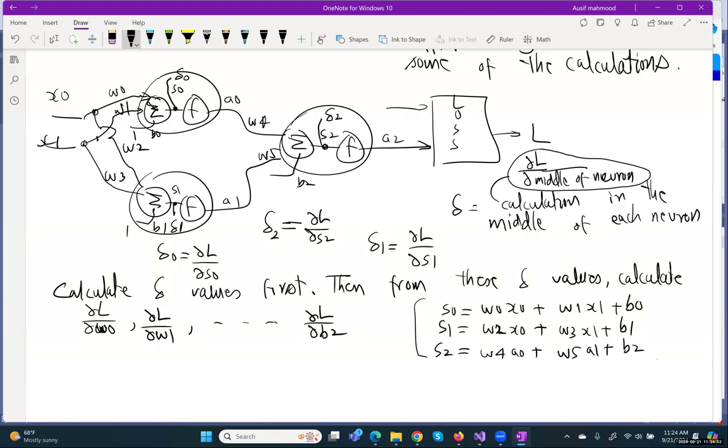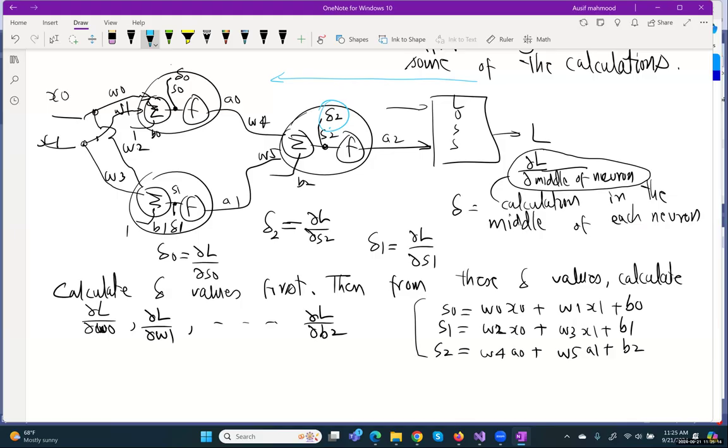Okay, so like I said, we'll work backwards. The first thing we will do is calculate delta 2. Because in the backward pass, as you will see, based on this delta we will calculate the previous ones and so on.